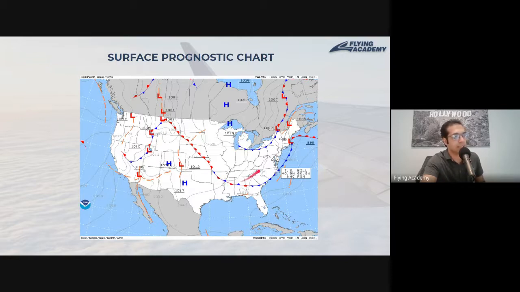This would be a stationary cold front and warm front, and you can see the pressure levels as well. To be honest, it looks a little uncomfortable, a little weird to us in the US, but I think it's more comfortable for you guys from Europe because you're used to seeing these things.